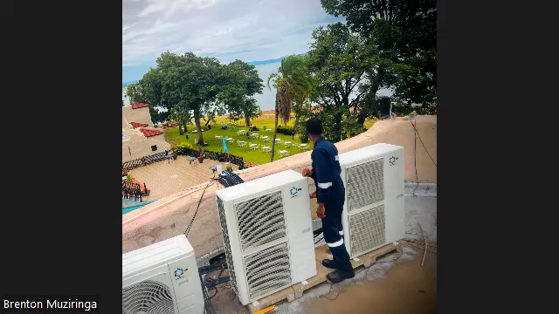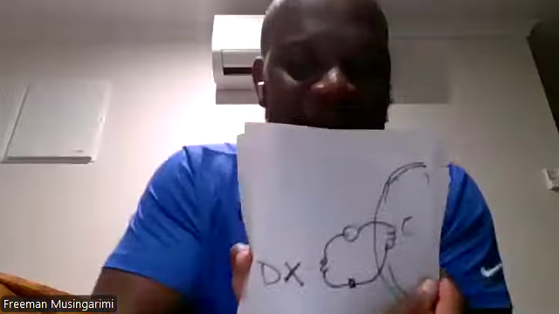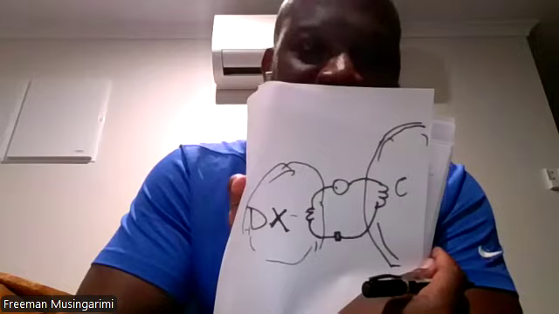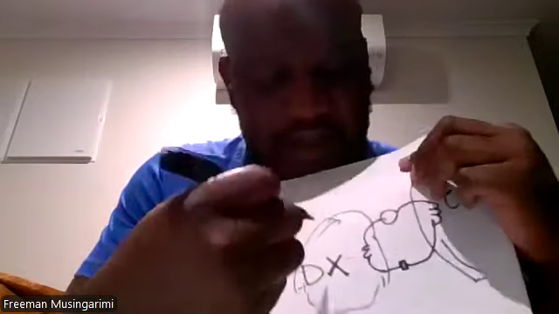And we have the evaporator, which is also inside the evaporator of the chiller, which is the chilled water. So you actually find that this evaporator takes the heat from the evaporator coil of the chiller. So those are the three circuits.